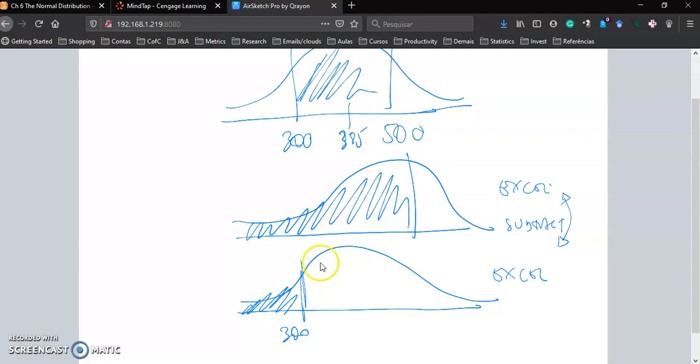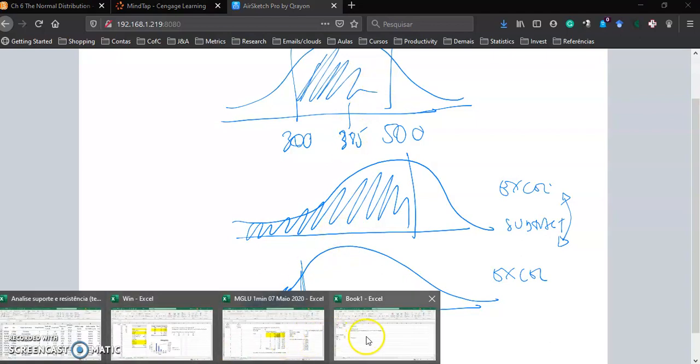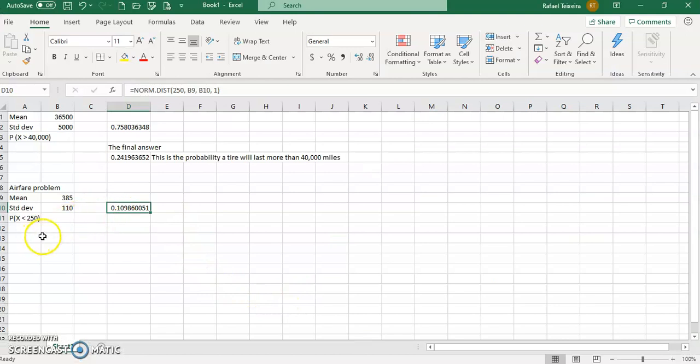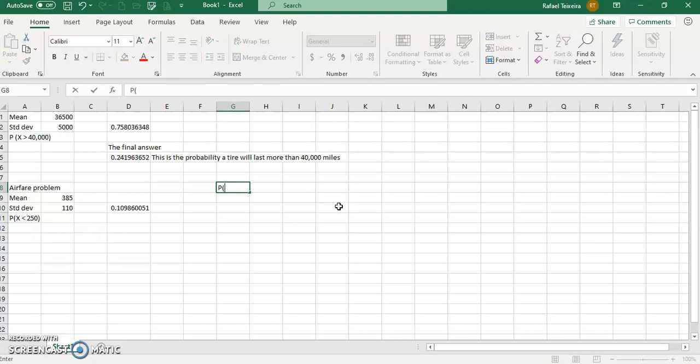Let's do that in Excel so you can see how to solve it. Now let's do this probability: what's the probability that I'm going to have a number that is higher than 300 and smaller than 500.